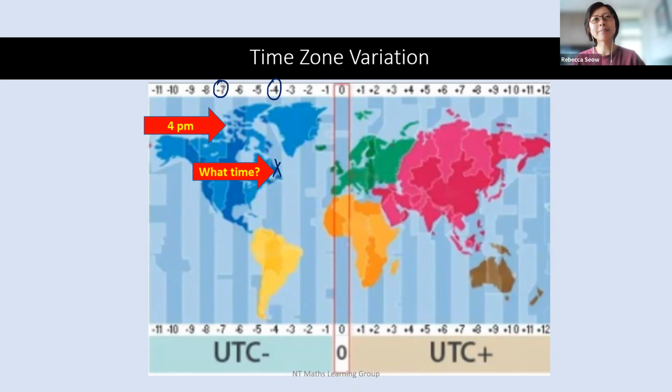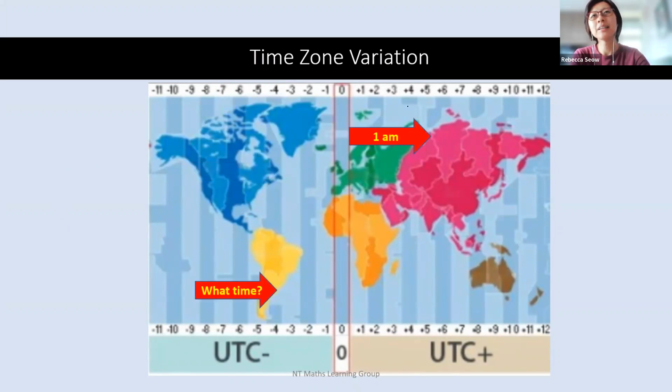We got to add the time. Add by how many hours? From -7 to -4, that would be 3 hours. So 3 hours ahead of 4 p.m., that would be 7 p.m. So that's how we work out time zone variation.